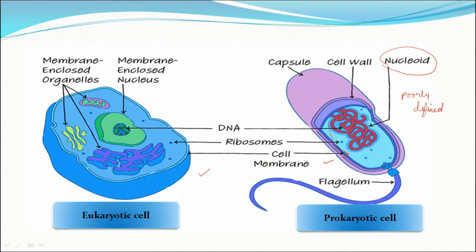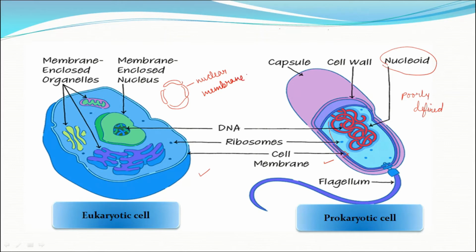But if you observe the nucleus of eukaryotic cell, what you will see here is that the nucleus is surrounded by a double membrane structure which is known as the nuclear membrane. So this is the major difference between prokaryotic and eukaryotic cell.